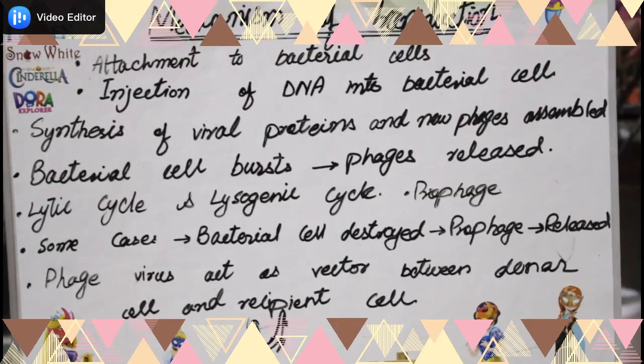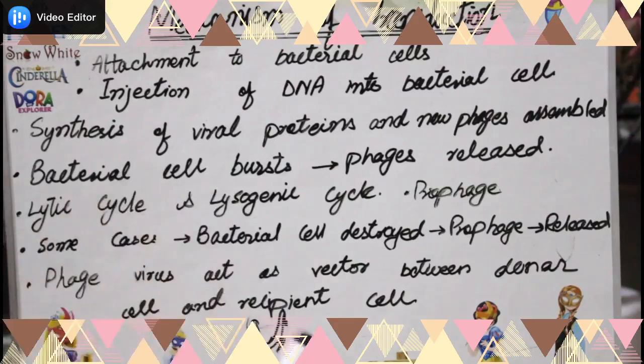So in this way transformation is ruled out, because in transformation there is transfer of free genetic material. Conjugation is ruled out too, because there will be no contact. So it means that something else, a third type of process, happened: in some of the bacterial cells the lytic cycle or lysogenic cycle acted, and the phages transferred genetic material from one type of cell to the other.